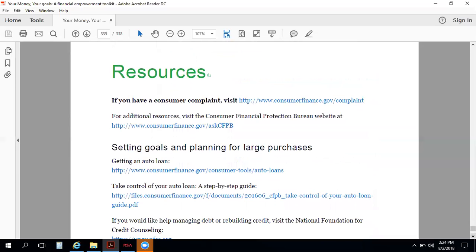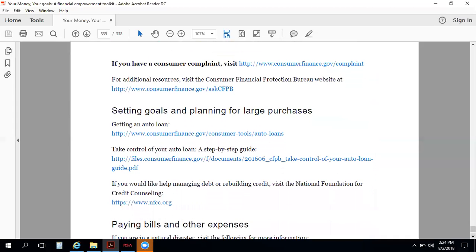And at the end, there are some resources. Resources for filing a complaint against a company that's engaging in unfair business practices, and resources for helping a person set goals and plan for large purchases.